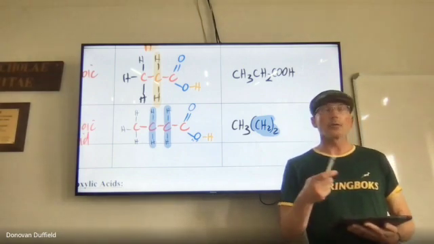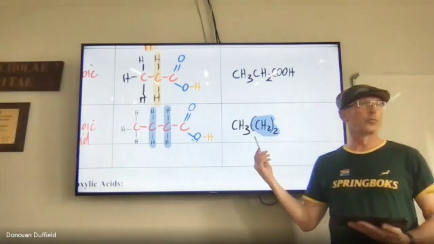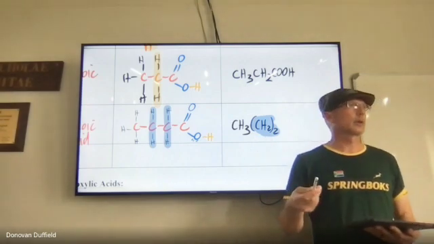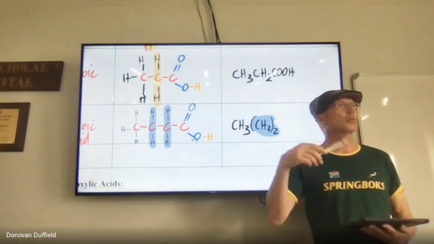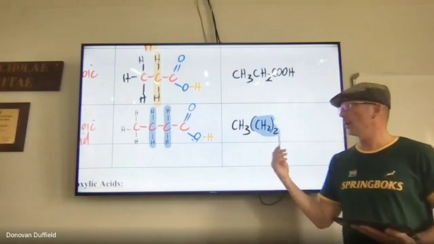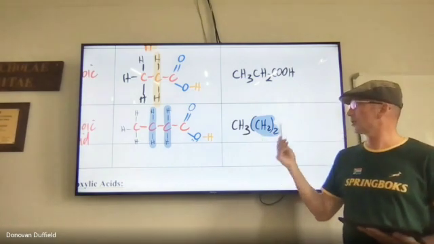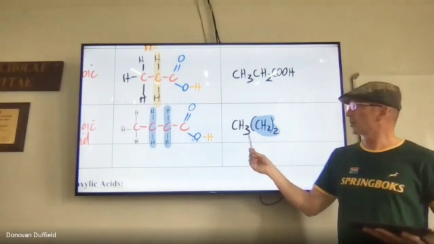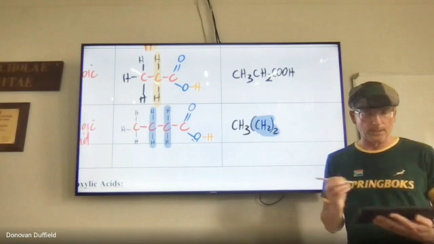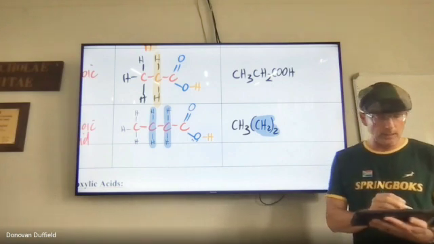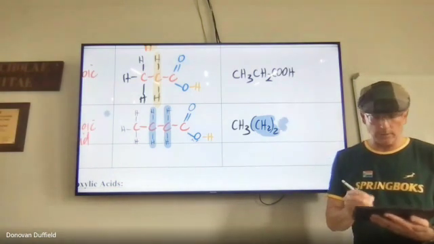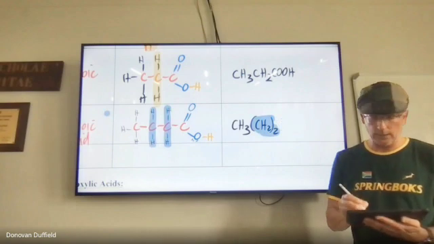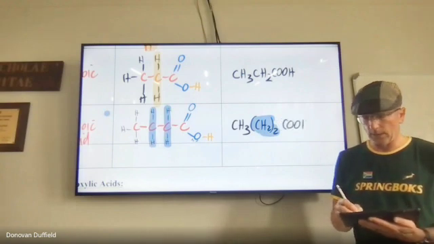What we can do is give it to you in this form and then ask you what compound it is. But if we ask you for the condensed structural formula, you can use either. You could do CH3, CH2, CH2 and then the COOH group.